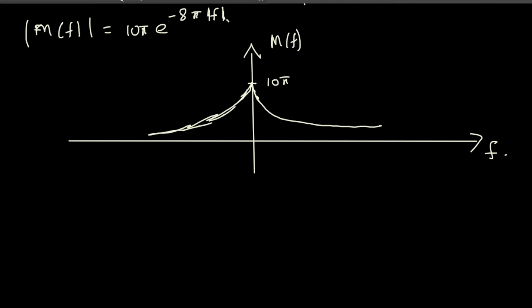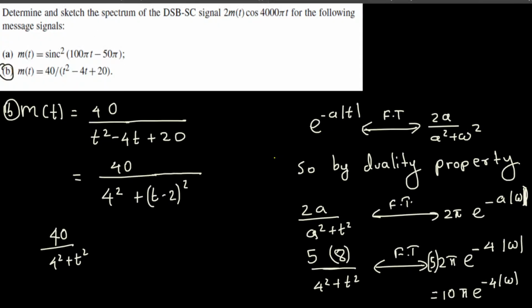Okay, now once we determine the spectrum of the DSB-SC signal, 2m of t cos 4000 pi t, here we have to apply this one. So if we apply this DSB-SC signal, then it's going to be doubled right now, and the center is going to be whatever the frequency we have here. So here we have 4000 pi.